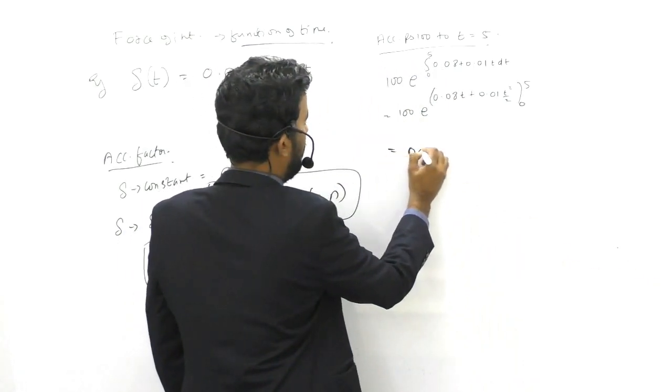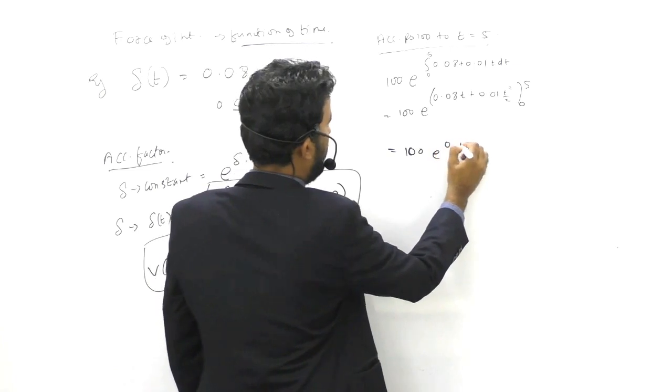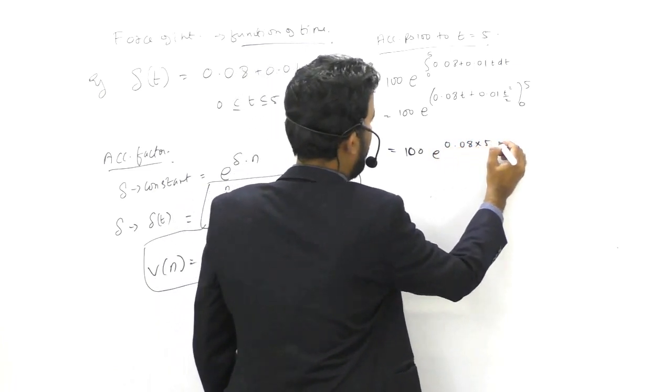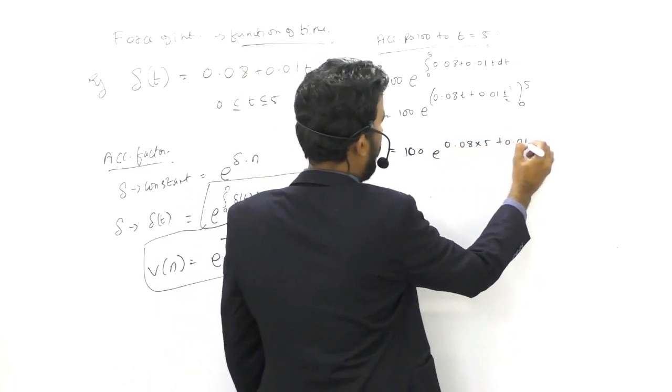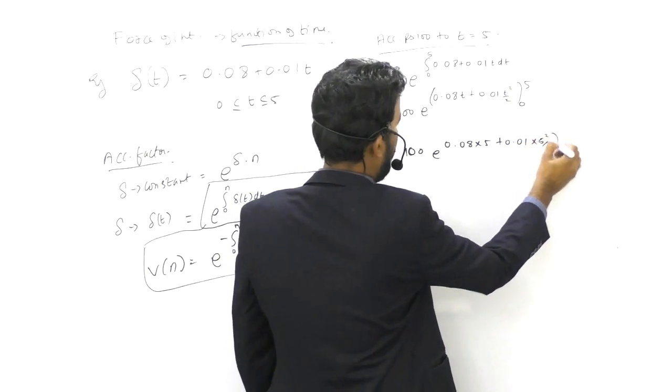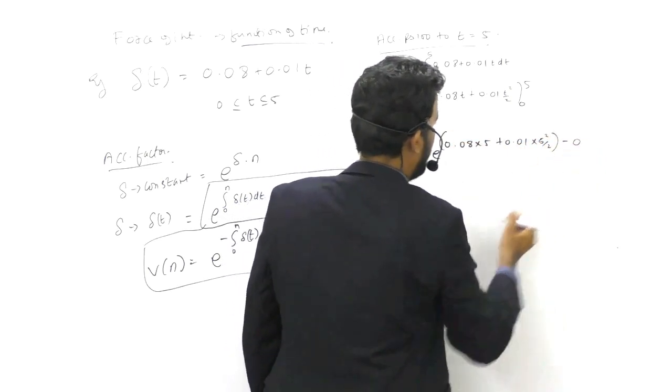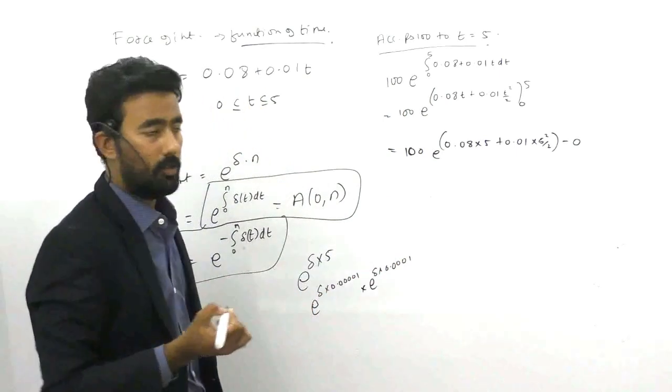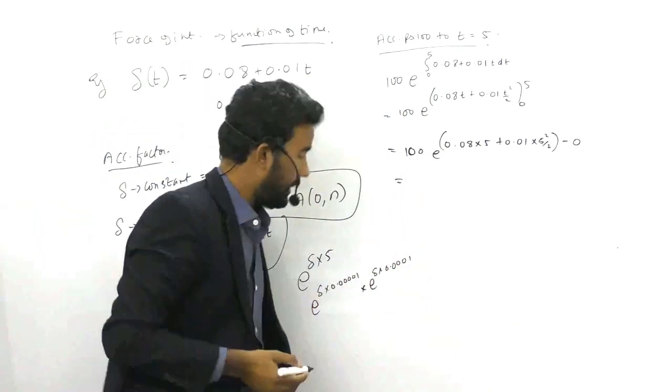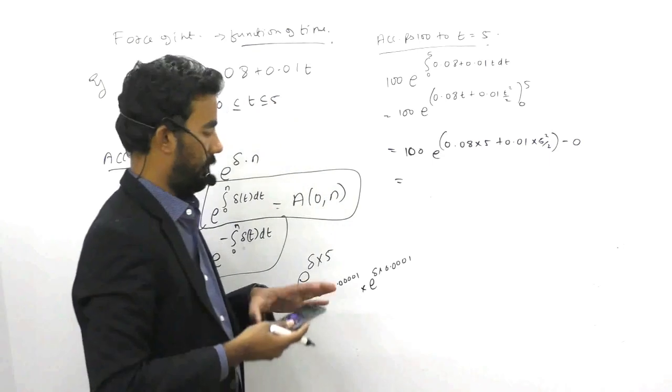That is 100 e raised to 0.08 into 5 plus 0.01 into 5 square by 2, whole thing minus 0. So the further answer can be evaluated using the calculator.